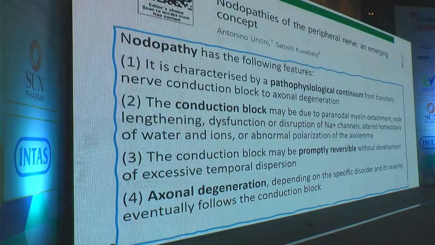So if you do serial nerve conduction studies, you will get a mild conduction block, then prominent conduction block with a minimal temporal dispersion, then axonal degeneration with absence or reduction in the CMAP amplitude over a period of weeks.